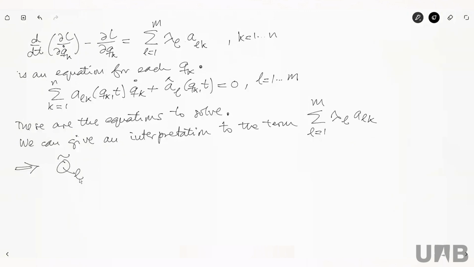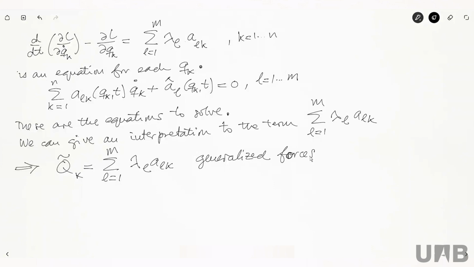We're going to have one generalized force, or at least one generalized component, for each of the generalized coordinates q_k. So those are the generalized forces, as we saw when there were generalized forces that could not derive from a Lagrangian.